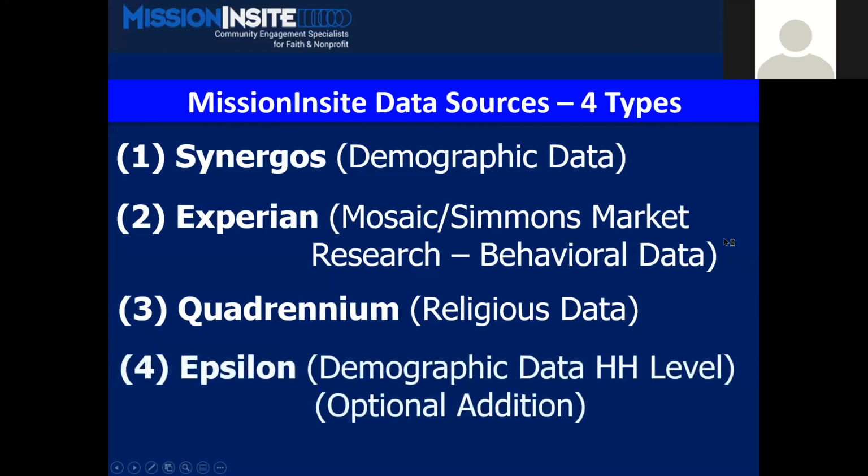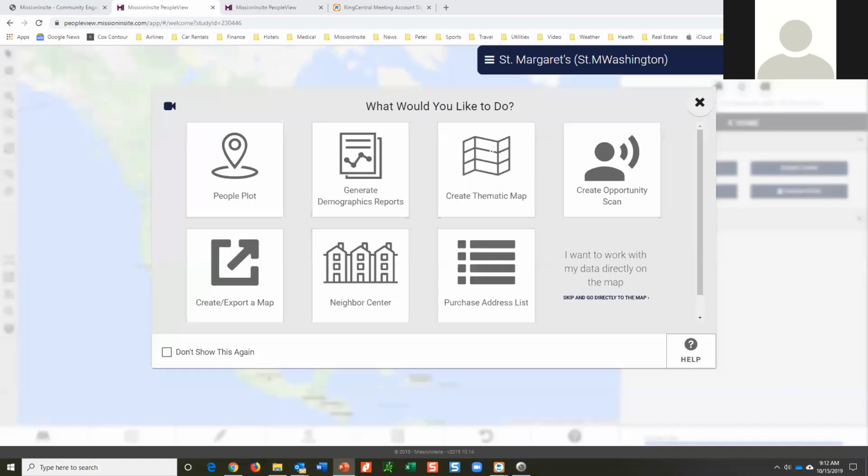Then finally, you have access to individual household level data, looking at mailing lists or being able to look at local areas to better understand, given the socioeconomic information available, what that might look like household by household in the system. So those are the databases that are available to you as you work with the system.